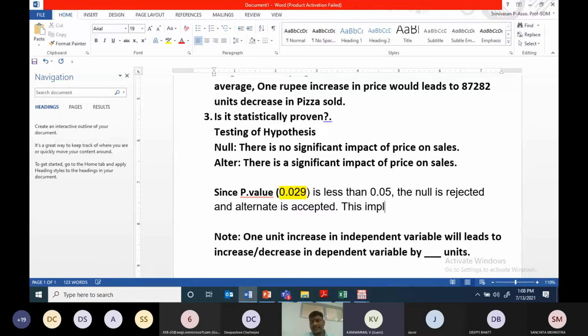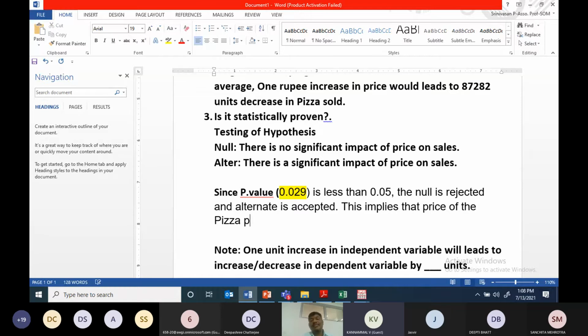This implies, I am writing on my own, you can develop it. This implies that the price of the pizza plays a significant role.